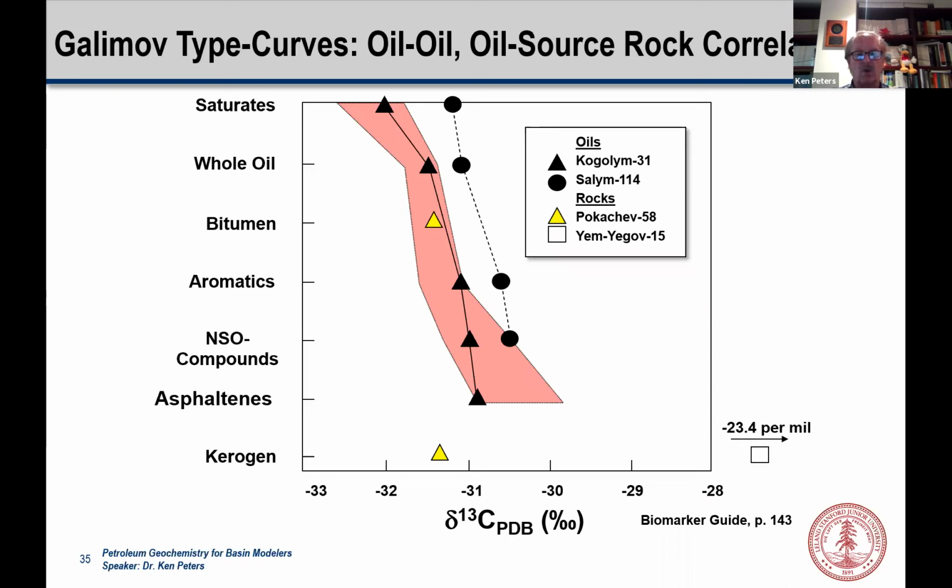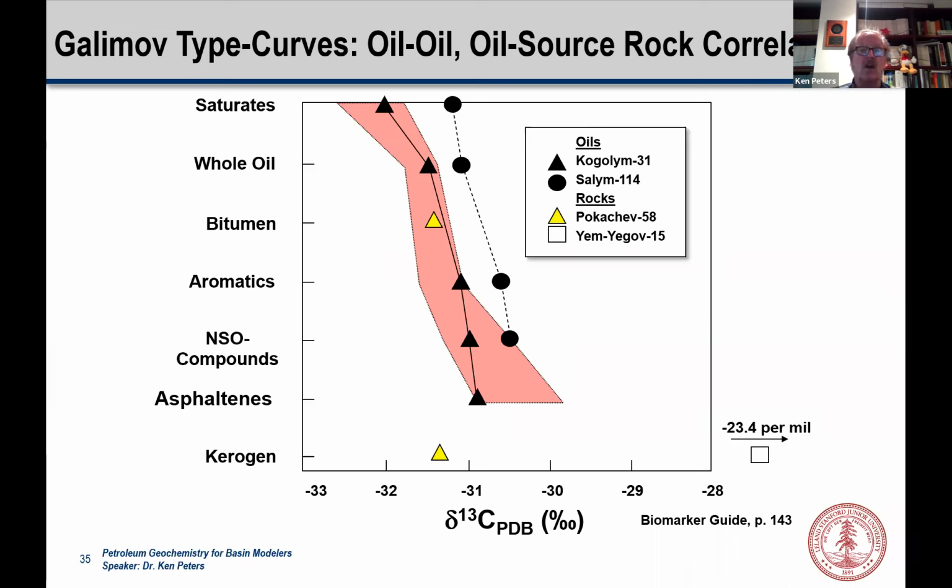This orange color here shows you how most of the Jurassic oils in West Siberia plot. And here's an oil right here, this Coglum 31. It's right in there. So we would say that, based on the isotope type curve, it's probably a Bajanov Upper Jurassic oil.